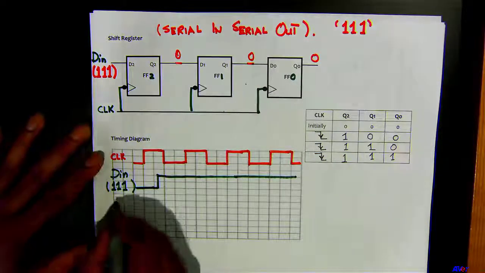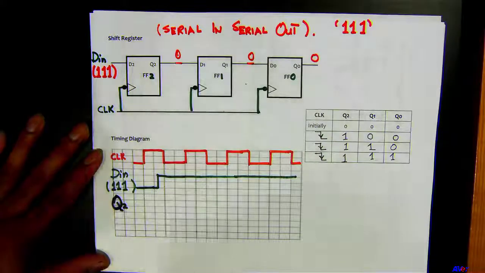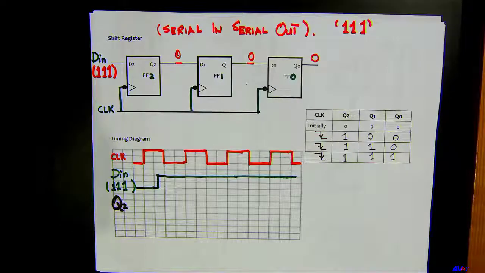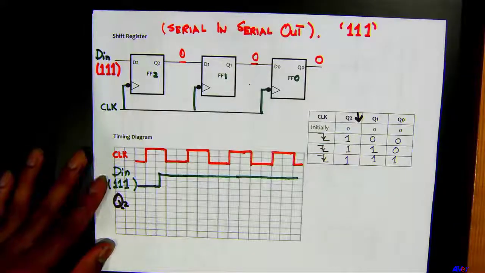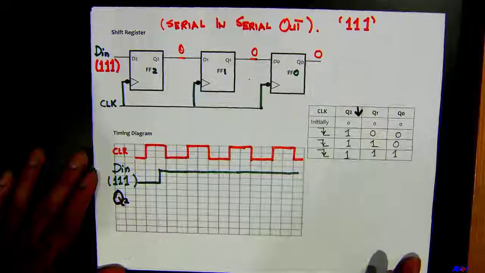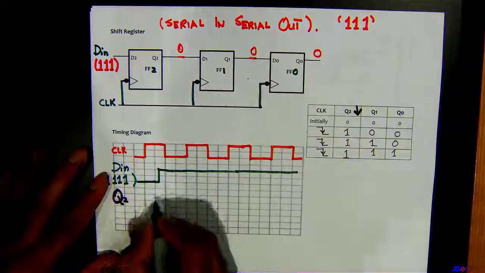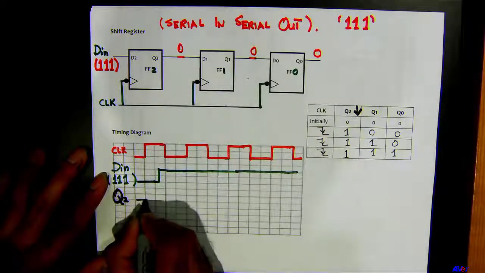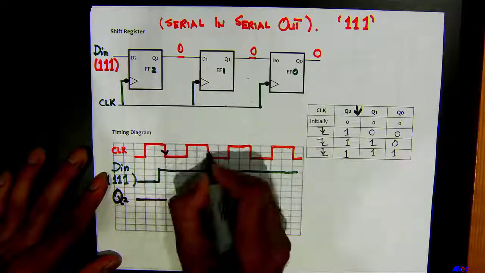Your Q2, sorry, Q2. What is your Q2 initially, folks? You look at this column right here. Initially it's 0, right? So it will be 0 till this point. What happens now? The negative edge of the clock comes in.